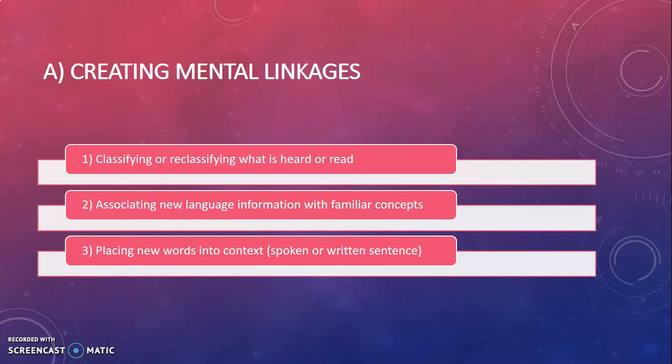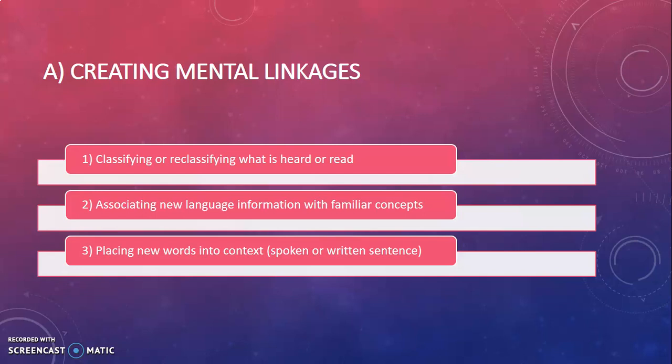The second one is associating new language information with familiar concepts. Associating or elaborating involves associating new language information with familiar concepts already in memory. The third is placing new words into context, a spoken or written sentence.